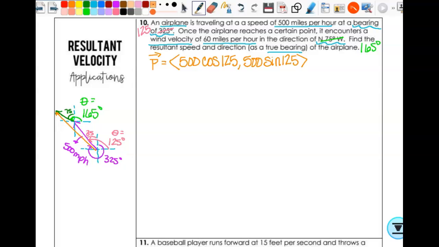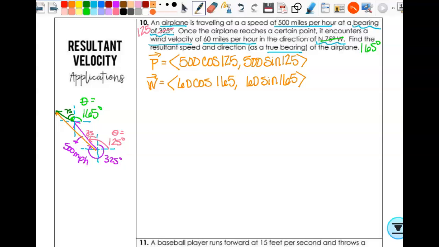Then we have the wind. So our vector for our wind is 60 times the cosine of 165, and 60 times the sine of 165.